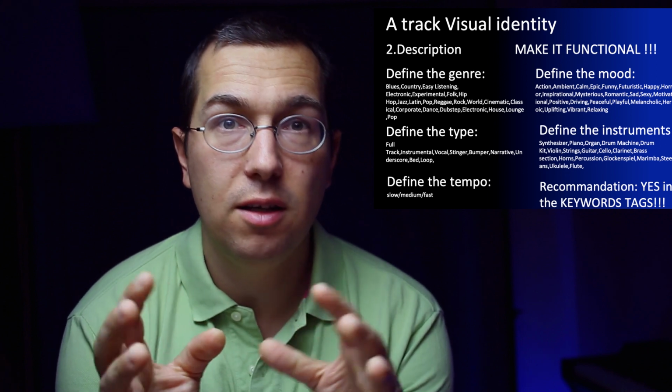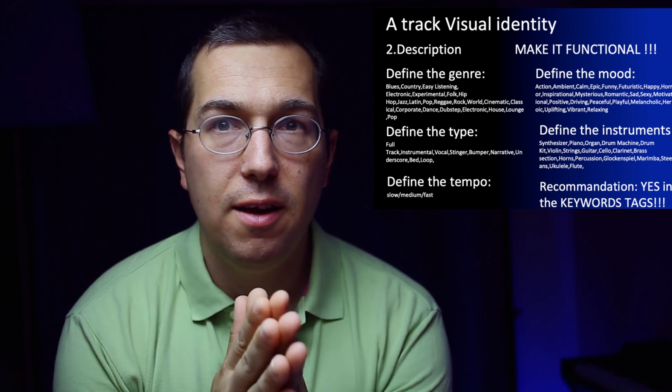But the idea is that if there's a possibility, put as many as you can. But have all these things inside, like the genre, mood, type, instruments, tempo, and why not recommendation. So in my opinion, these are the main things that the keyword, the tag area should contain.